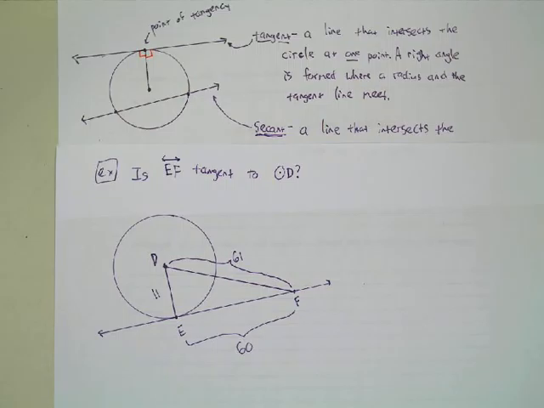If this is a right triangle, that means we have a right angle between the radius and this line, so it's got to be a tangent line. If you have a right angle here, that guarantees that this line is a tangent line to this circle. If it's a radius and a tangent, they make a right angle. So let's do that. The Pythagorean theorem is a squared plus b squared equals c squared.